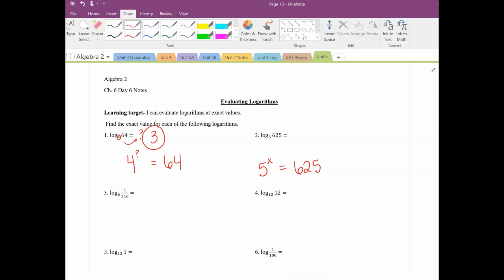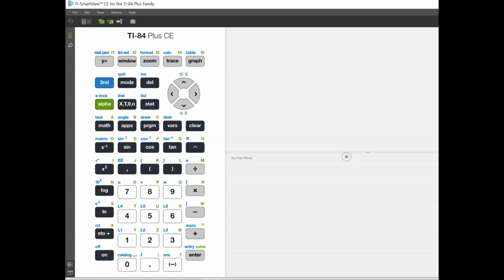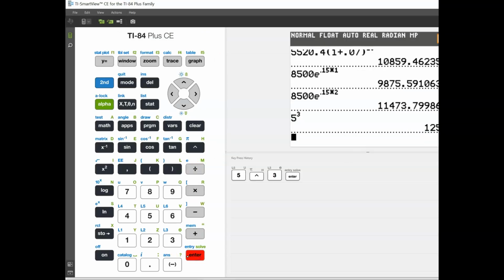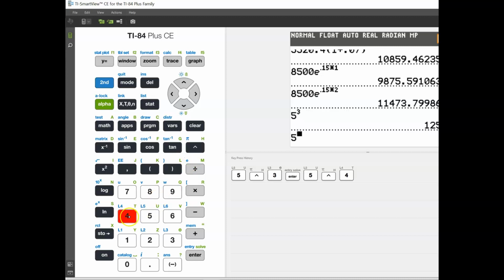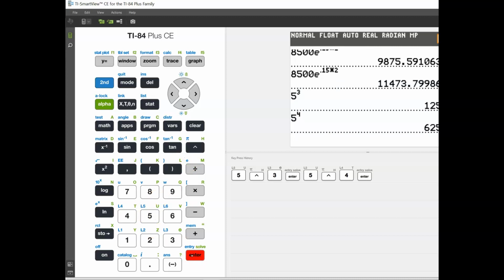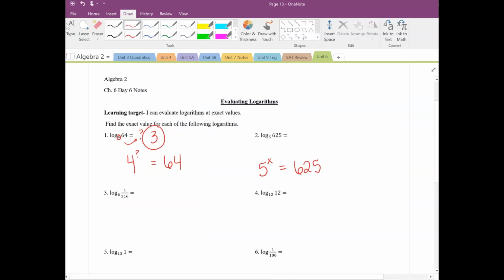Go ahead and try 5 to different powers. I get 5 to the third power is 125, and 5 to the fourth power is 625. So 5 to the fourth, x has to be 4.